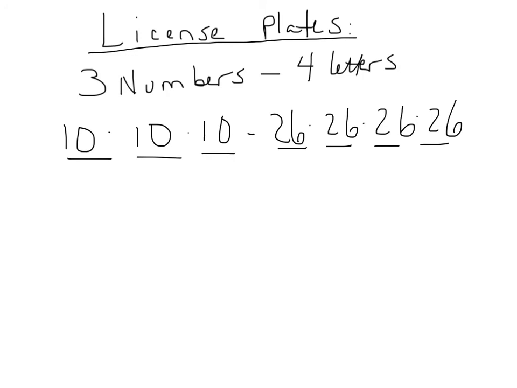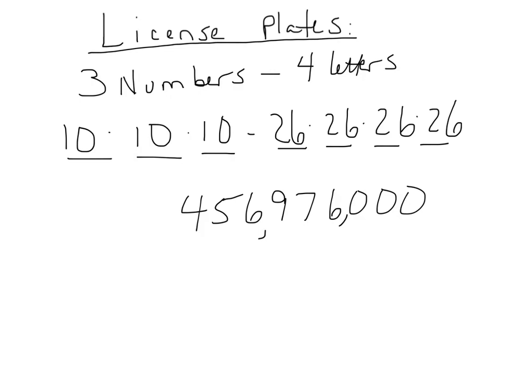When you multiply those, you will get 456,976,000. You can see that there's quite a few different license plates for this particular state. If you need more, add another digit or add another letter. Or, yeah, I guess that would be the only two options.